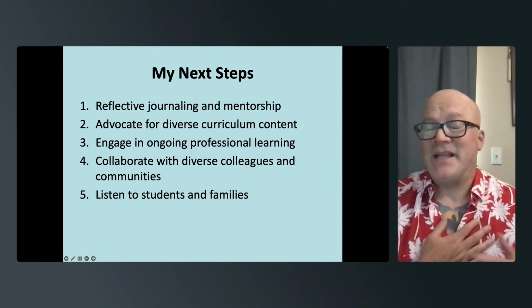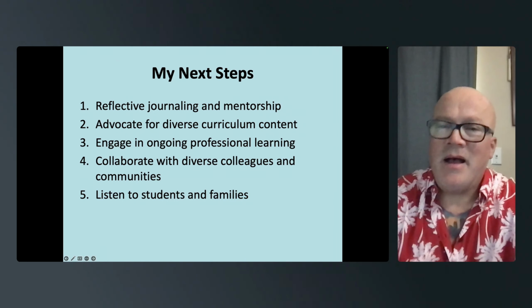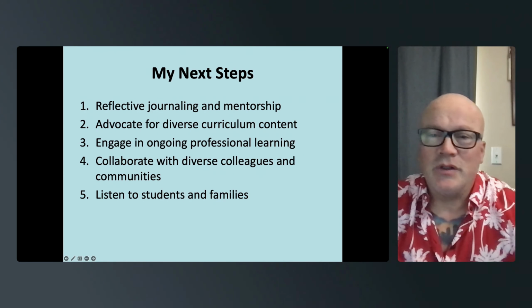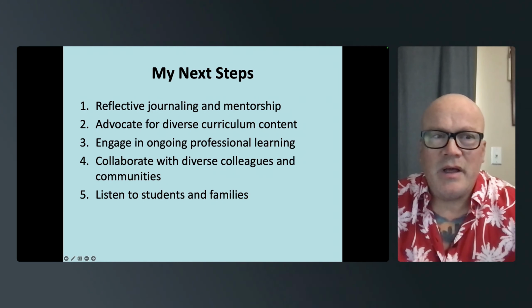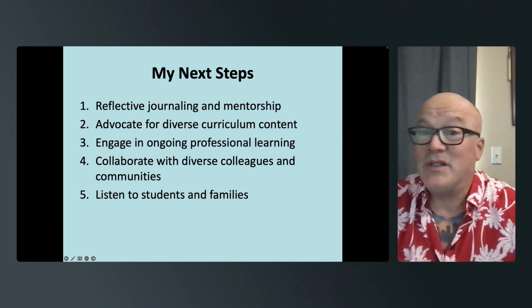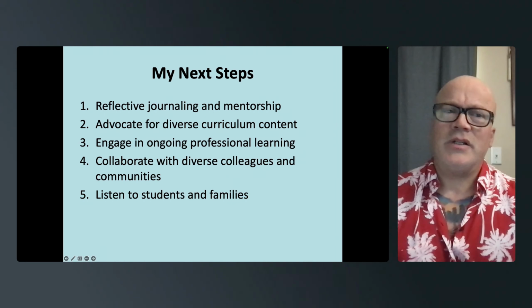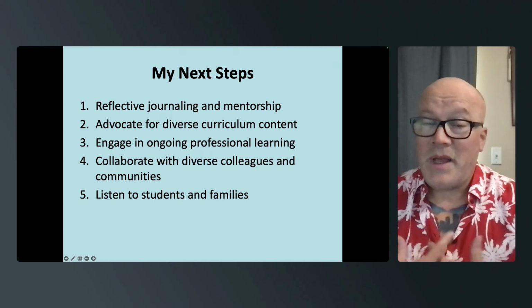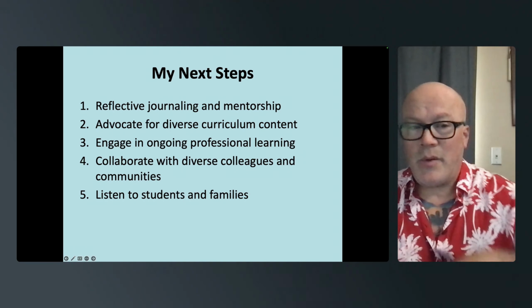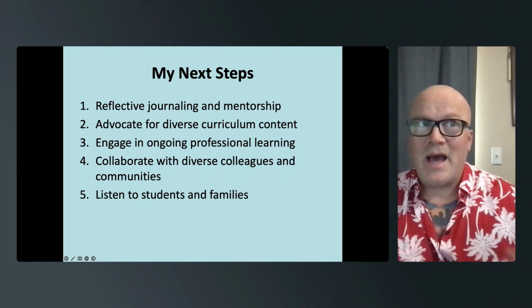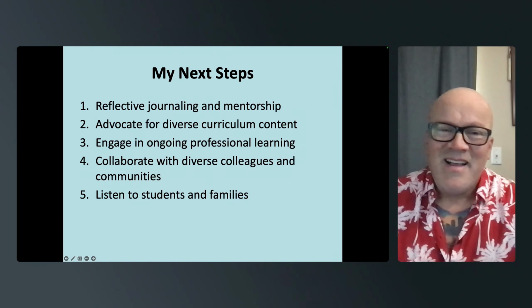So for my next steps, for myself personally, as I've talked about in a previous module, I have been keeping a reflective journal. I've been journaling and having conversations with my mentor about what I've been journaling, just to track any interactions where maybe I had some sort of implicit bias, and that way I can self-reflect and talk about it with my mentor, whether it really happened or maybe I'm just overthinking.